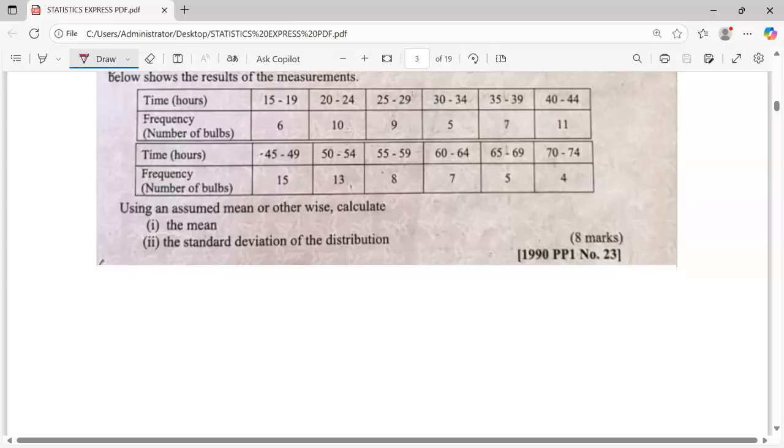We are going to begin by modifying the table, arranging the time downwards, which represents our class, that is from 15 to 19.